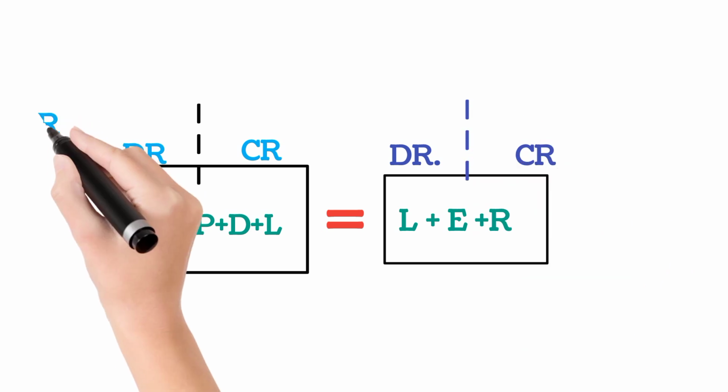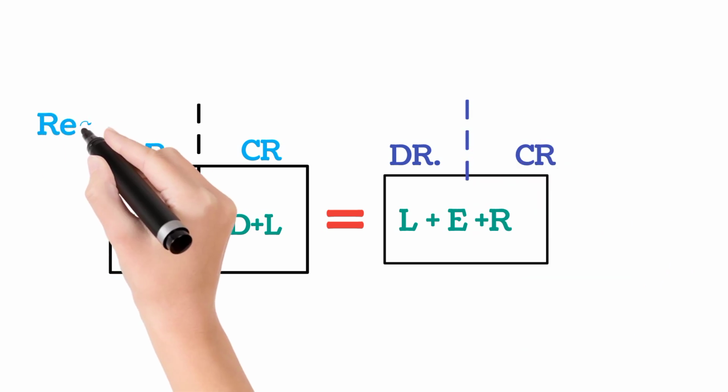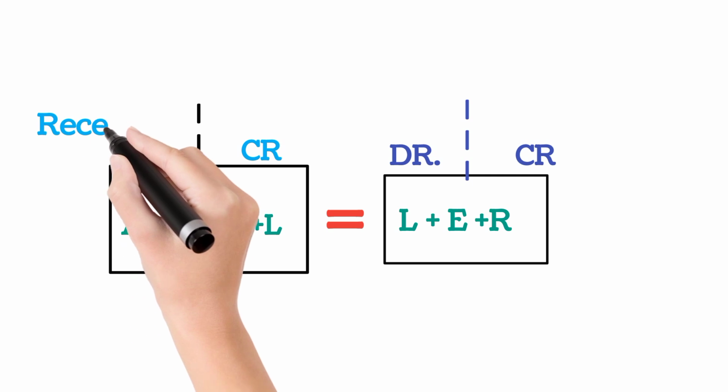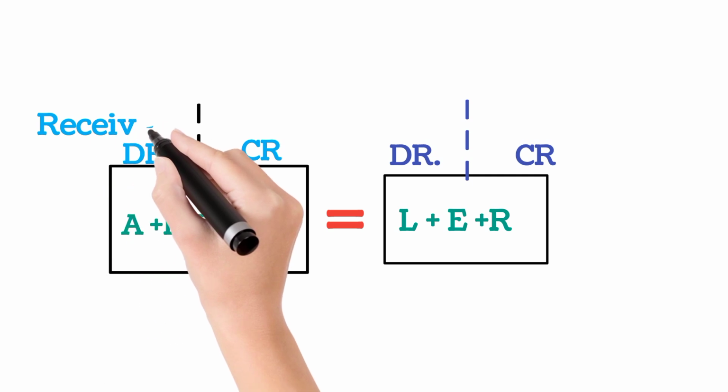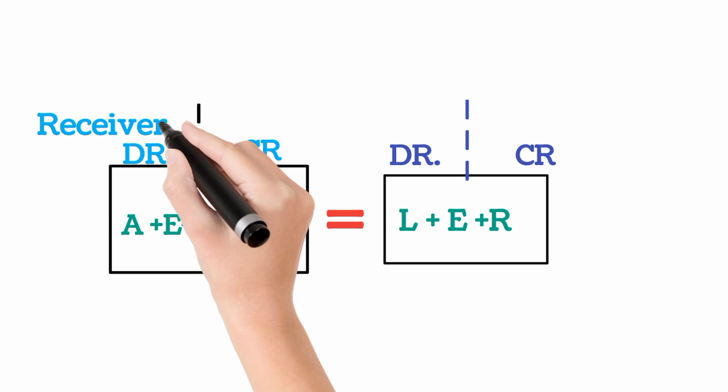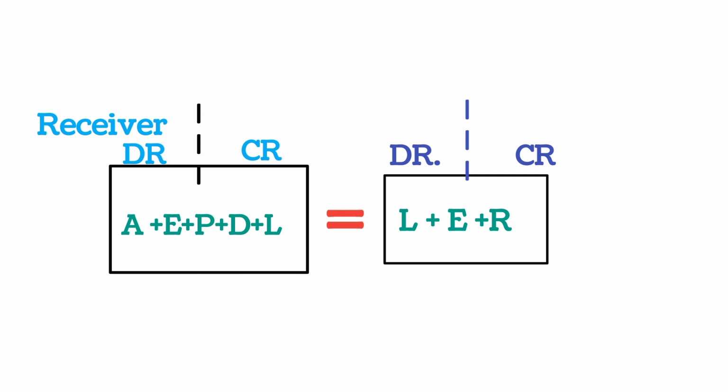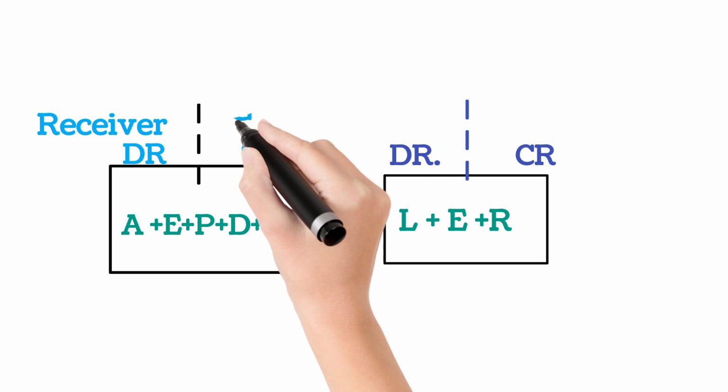Now let us put debit and credit in each of these groups. The receiver in the first group is under the debit side, and the giver in the first group is under the credit side.